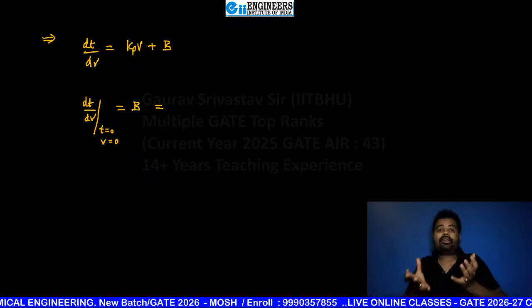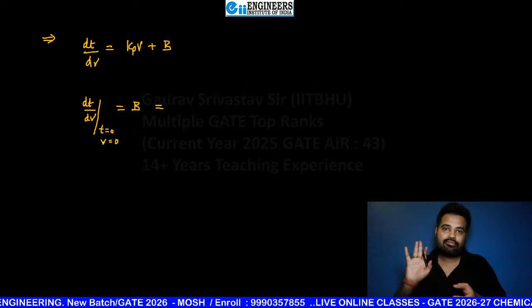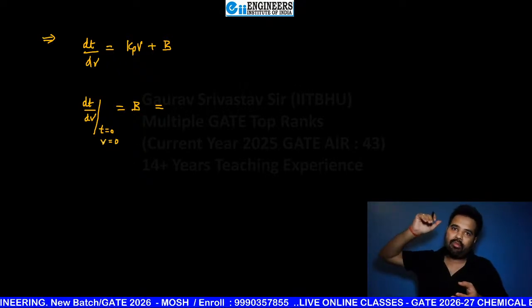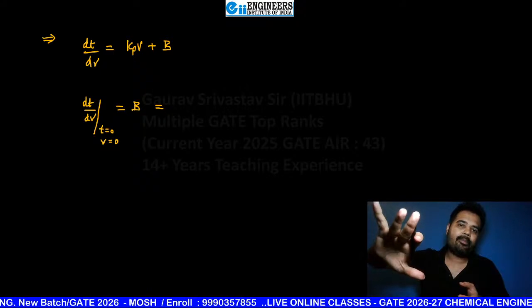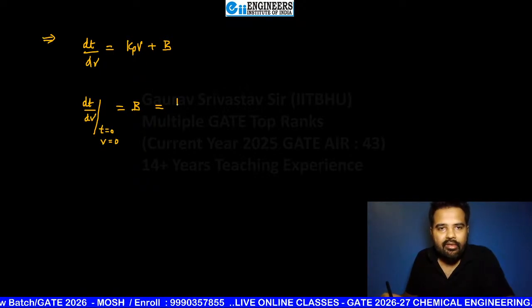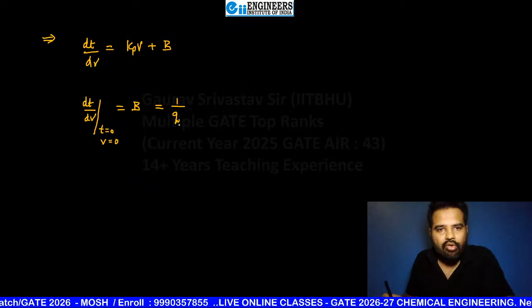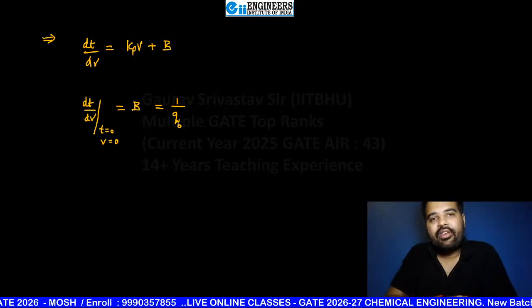It is not yet collected, but just about to pass from that filter media. It passed through the cake and is now just about to pass the filter media. So it is at the start of time. You can write this as the reciprocal of the initial volumetric flow rate.